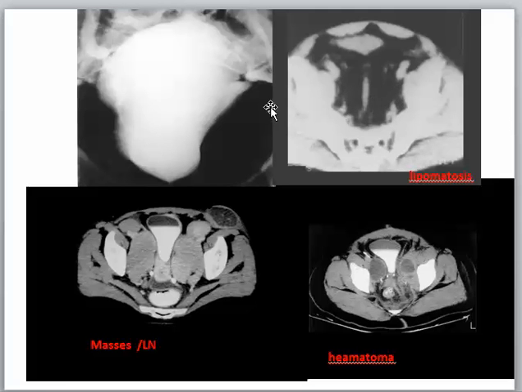This is lipomatosis compressing the bladder. If there is hematoma, as in here, extraperitoneal hematoma will compress the bladder, and if there are masses like lymph nodes, it will compress the bladder. So masses, extraperitoneal hematoma, and fat can produce the same appearance in a bladder, appearing compressed from side to side.